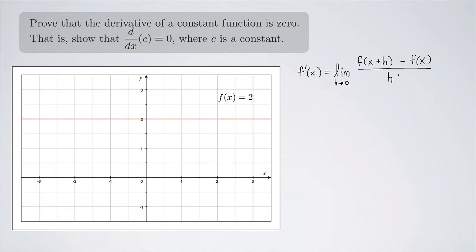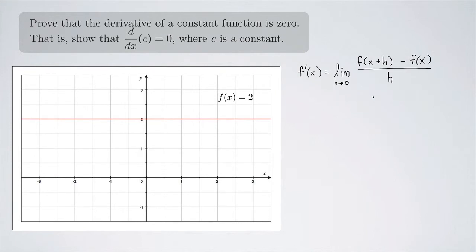This limit definition of a derivative, it's a good idea to know what it is by understanding what it's saying. You can imagine drawing some generic function, and we have a point x, and then another point x plus h, and on the x-axis we have the coordinates x and x plus h.